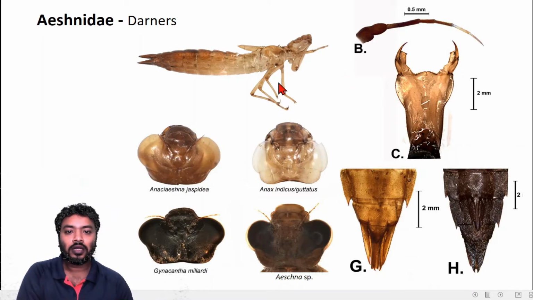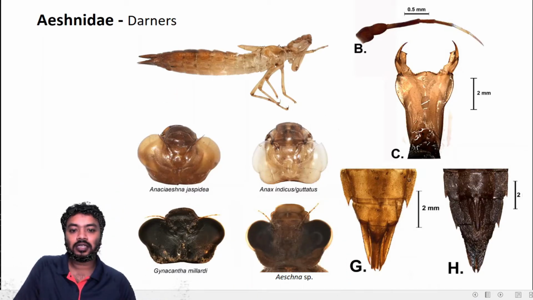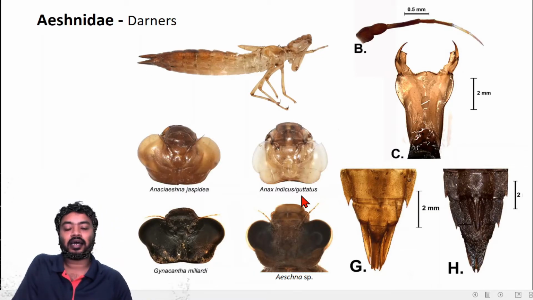Okay, so just look at the shape of the head. Here I have mentioned 4 genera of the Aeshnidae family. These are the most common 4 genera, that is Anax, Anaciaeschna, Gynacantha and Aeshna. So Anax, that is Anax indicus, Anax guttatus, Anax immaculifrons, these are all the blue darner, blue tail, green darner.